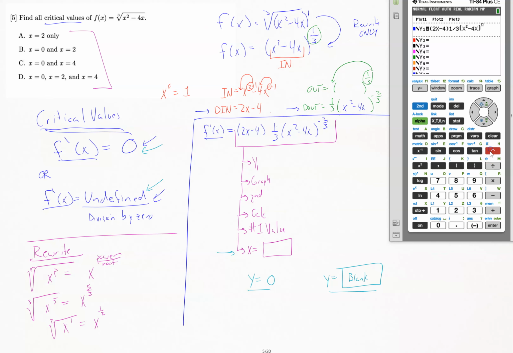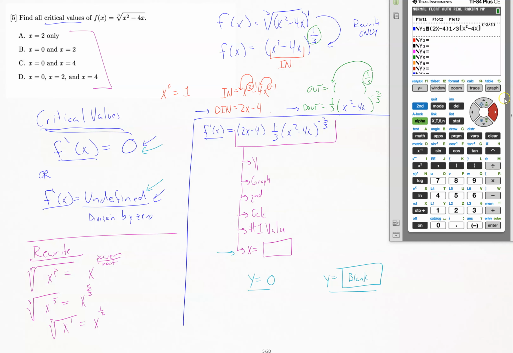Close that, and then raise that to the negative 2/3. If you've got one of those older calculators, make sure you put this exponent in parentheses when you go to raise it. You don't need to on the newer calculators, but if you're doing it on an older calculator, make sure that you do it there. So we did the first step, put this into y1.